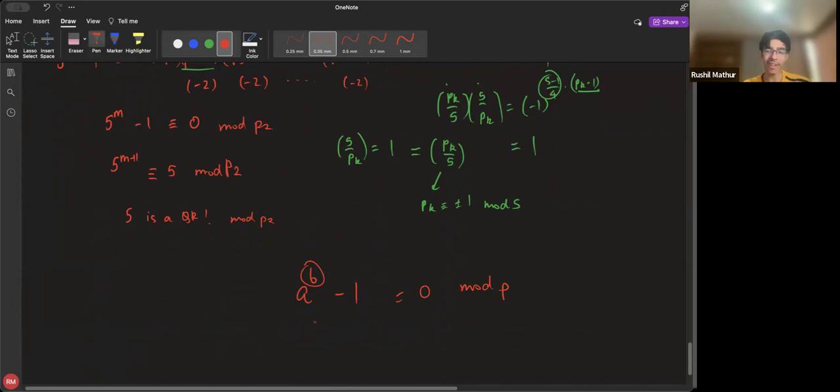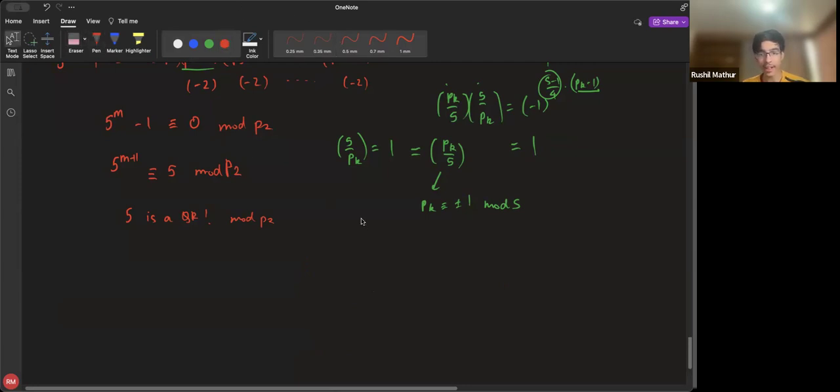If b is even, you get no information, because then you're just saying 1 is a QR, which is just true. But if b was odd, then this gives you the information that a to the b plus 1 is a, so a has to be a QR. So that gives you some sort of information. In fact, that gives you a lot of information.